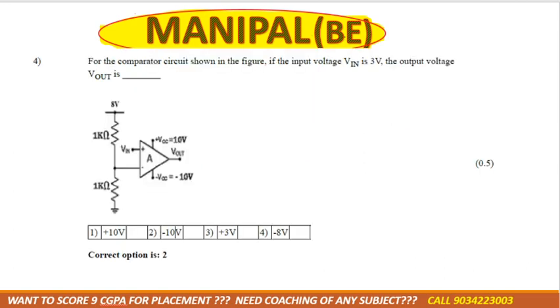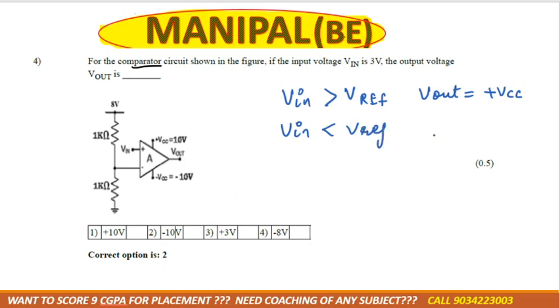Now this one is a question based on the comparator circuit. For the comparator circuit, you can note this down: if V in is greater than V reference, then the output voltage would be equal to plus VCC, and if V in is less than V reference, then the output voltage is equal to minus VCC.